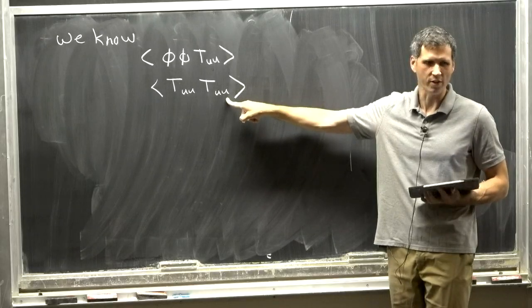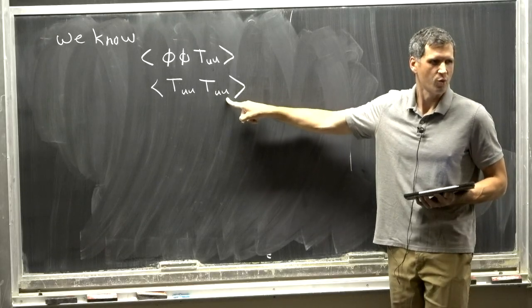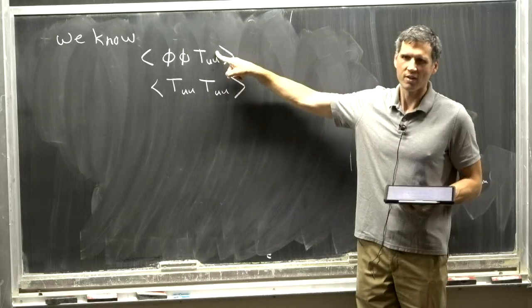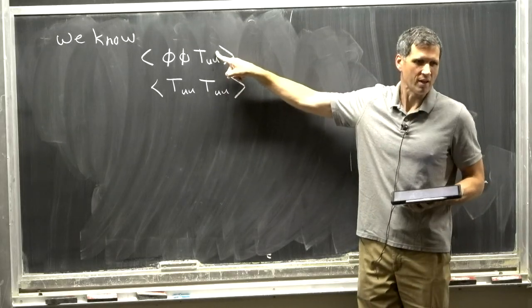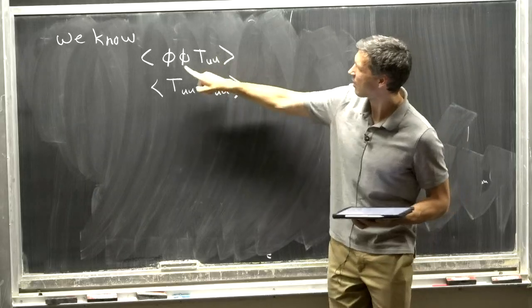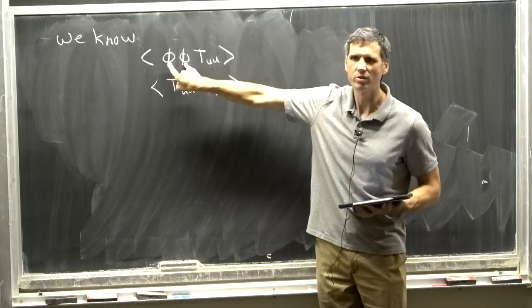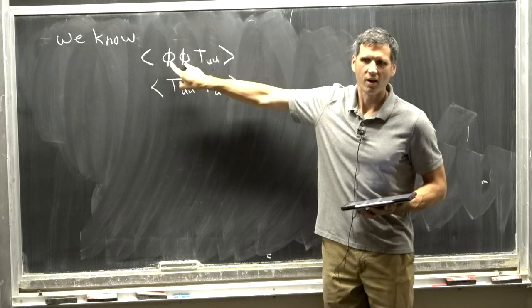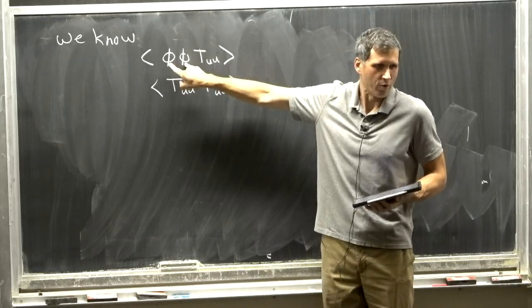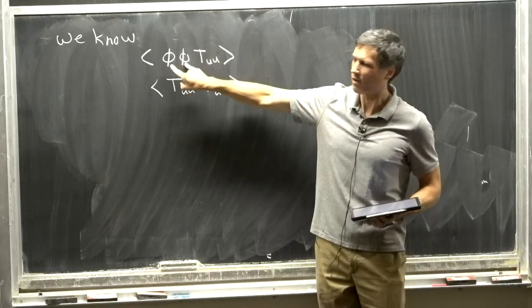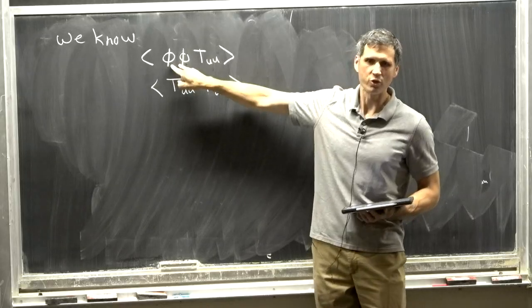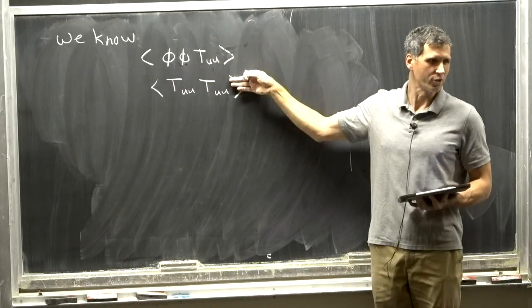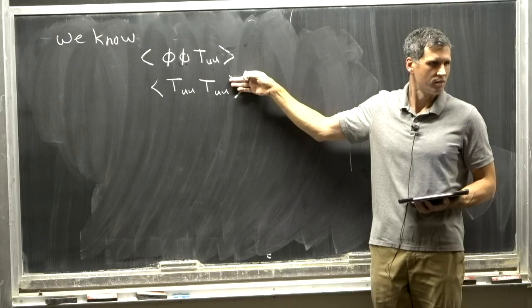If you know the 3-point function, then you can use it to find the OPE. You just say there's a T_uu showing up in this OPE with a general coefficient. We plug it in here and we make sure it agrees with our known answer for the stress tensor.